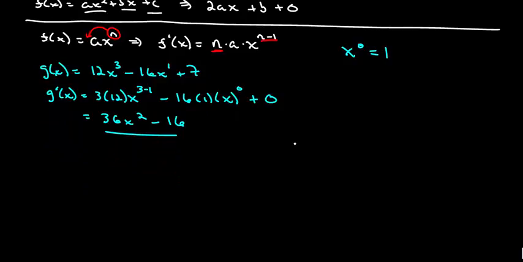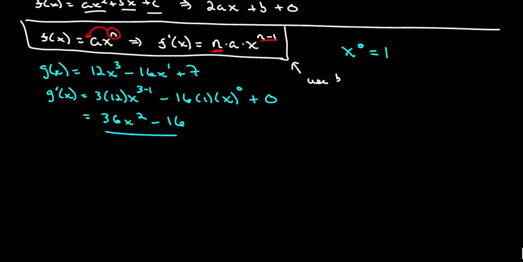So let me give you the general rule, like they have in the text, is this guy right here. Now to prove this rule, we'd have to use the binomial theorem.